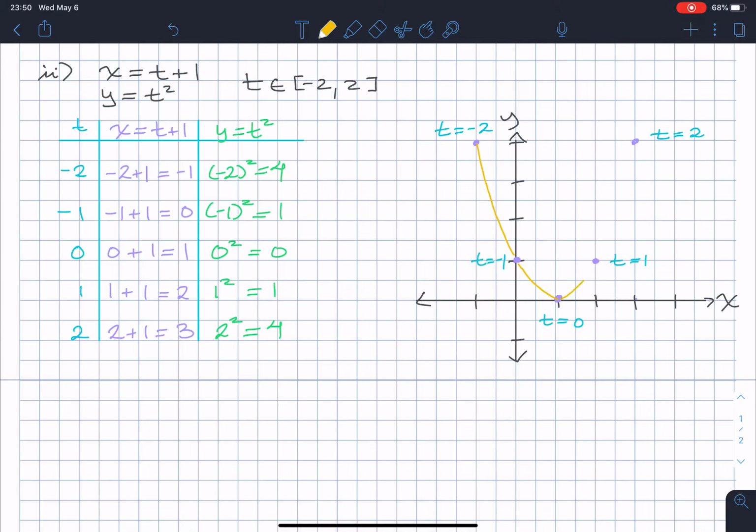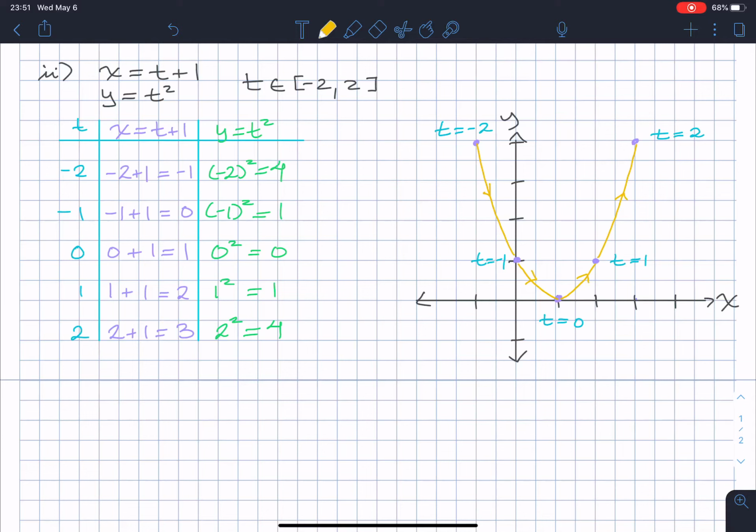It induces a direction as t increases. Okay, so that's terrible. Let me try and draw this a bit better. Okay, so the direction has been from negative 2 all the way to positive 2.